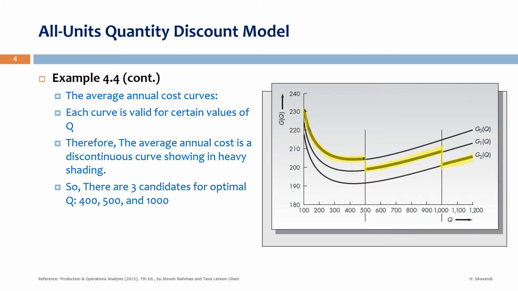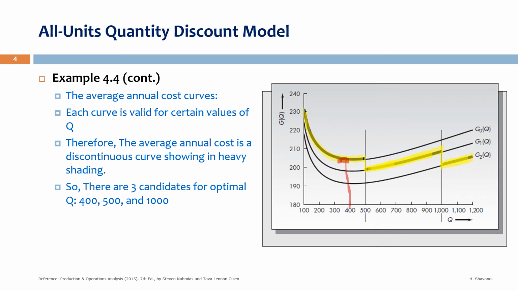Between 0 and 500, this is our curve for average cost, and the minimum is somewhere around here, which corresponds to 400 units. And then we go to the next interval over 500. Our average cost would be this curve, and then again over 1,000 it will be this one.